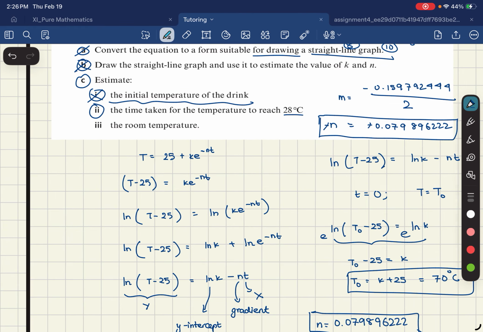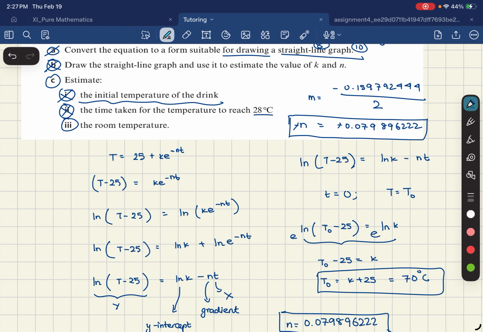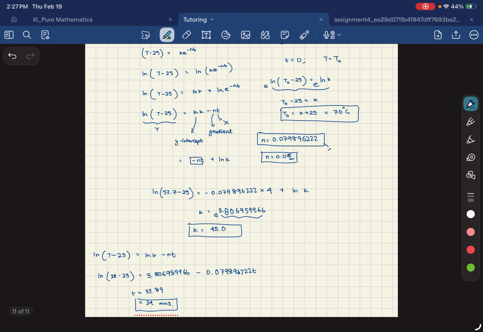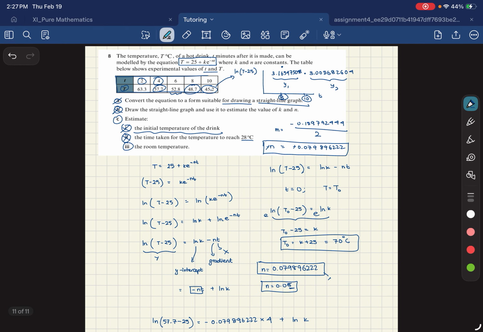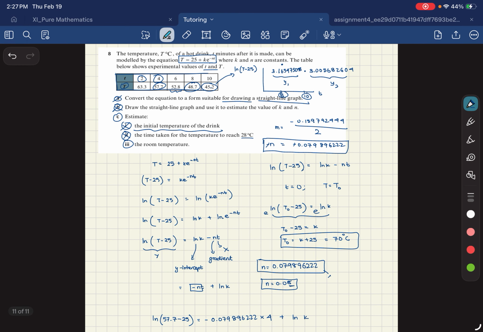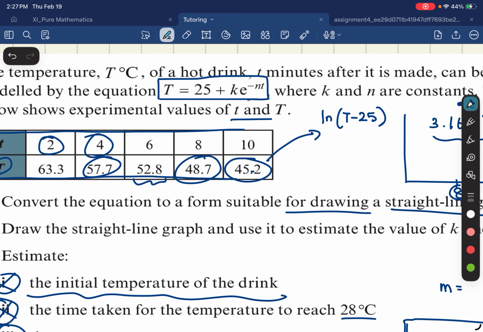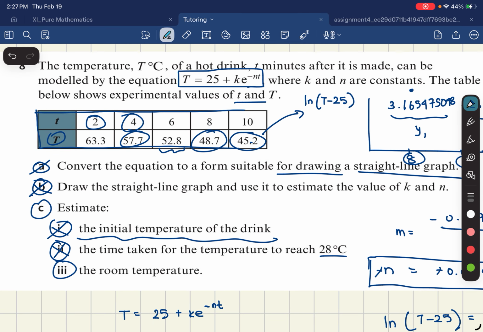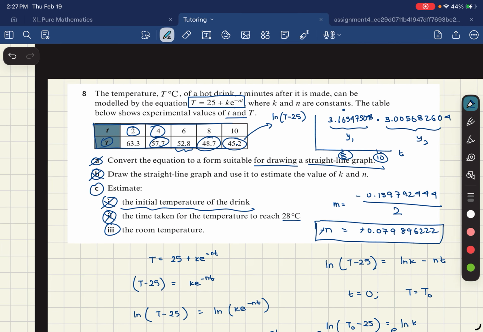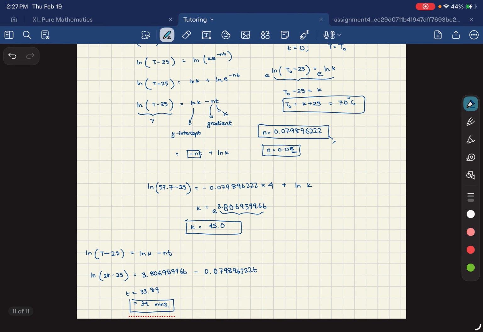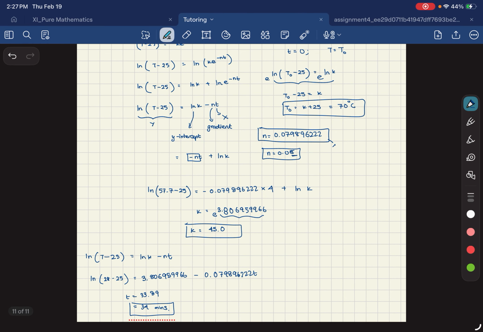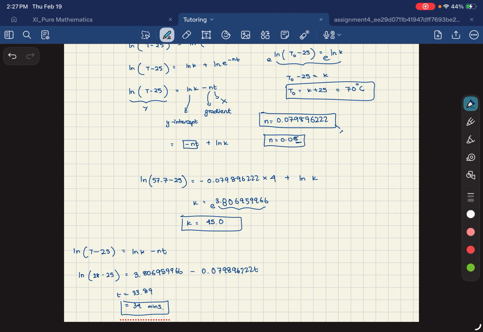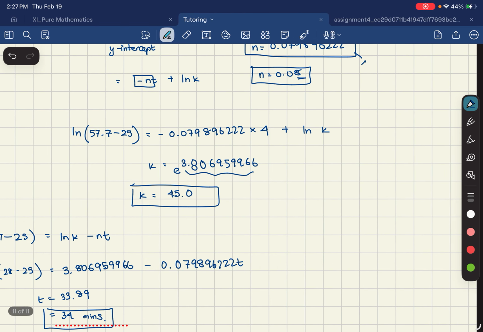And now finally, I need to calculate the room temperature. So now, how do we calculate the room temperature? Well, actually, it's obvious what the room temperature is. But basically, we want to put a very, very, very huge t to calculate the room temperature. So let me just show you.